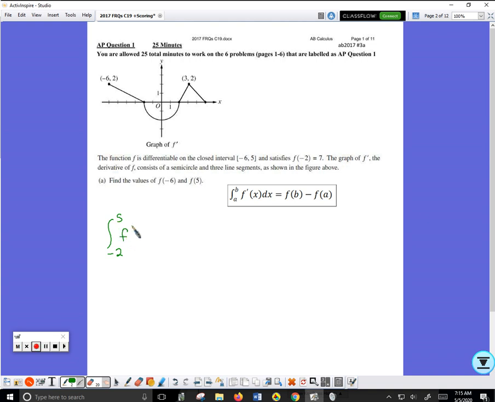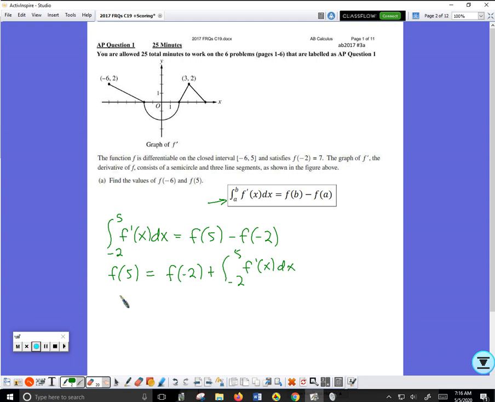So then I'll have f prime, again using the fundamental theorem, that's going to equal f of 5, subtract f of negative 2. Rearranging, we get f of 5 is going to equal f of negative 2 plus the integral this time, negative 2 to 5 of f prime.